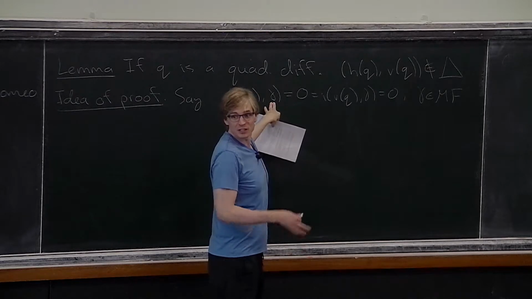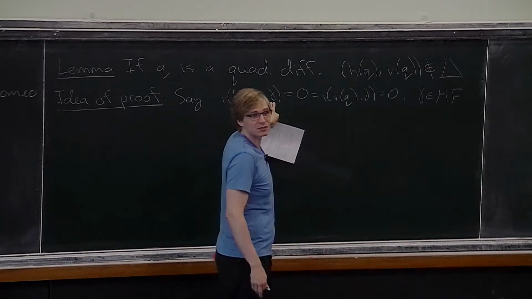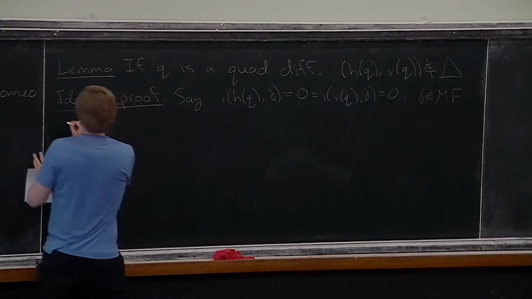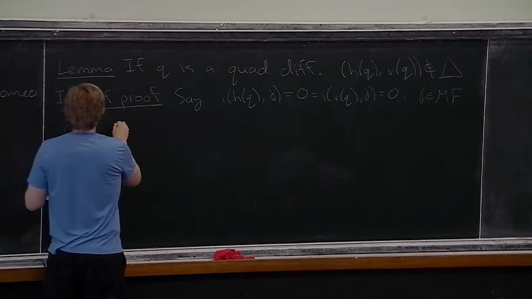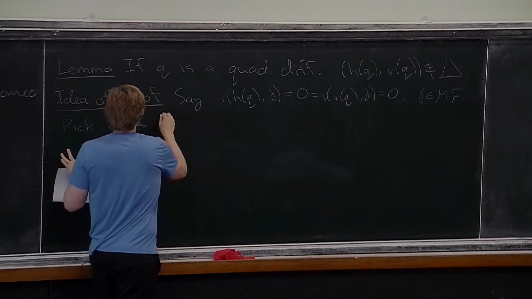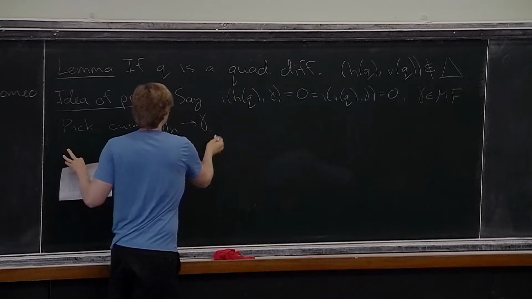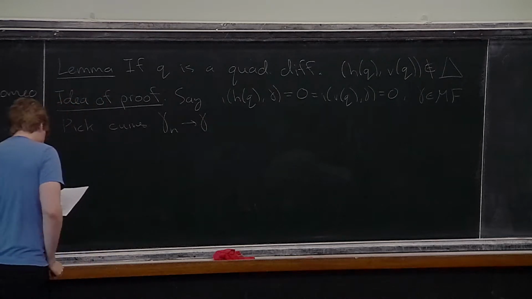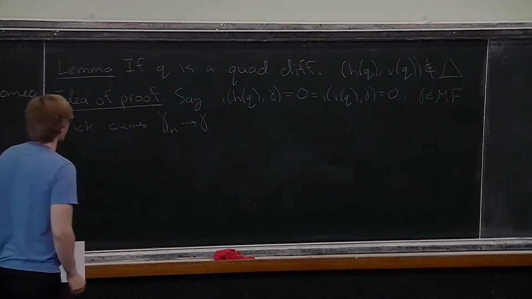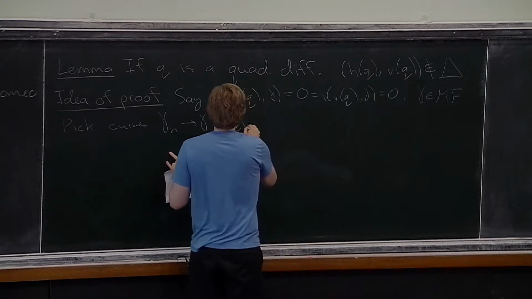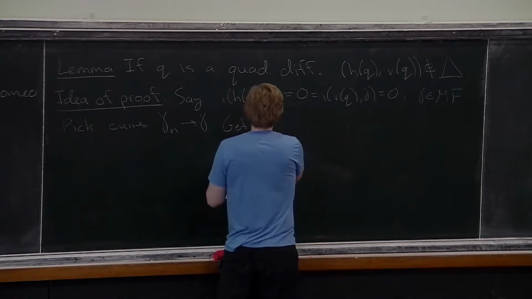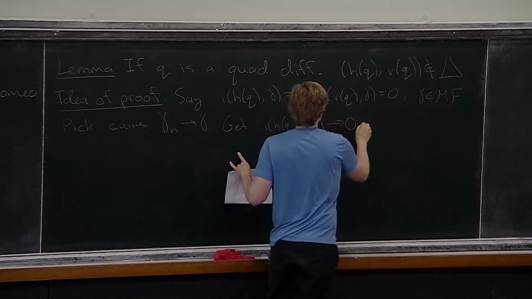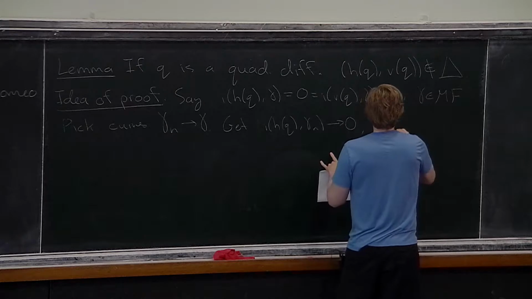We haven't proven this, because I can't do all of the details in these 3 lectures. But every measured foliation can be approximated by curves. So pick simple closed curves, gamma n converging to gamma. So weighted multi-curves. OK, and then what you'll get is that the intersection number of the horizontal part of the foliation with gamma n goes to 0. And the same for the vertical foliation.